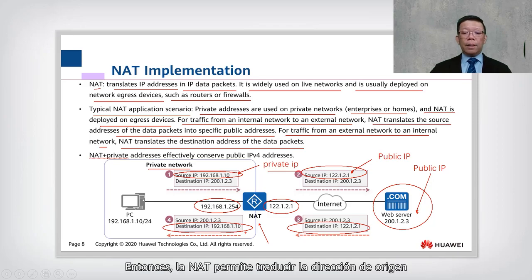So NAT allows you to translate a source from private to public for the egress, that means you are accessing outside, and for the ingress, which is the reply packet, it translates the destination from a public IP into the private IP.